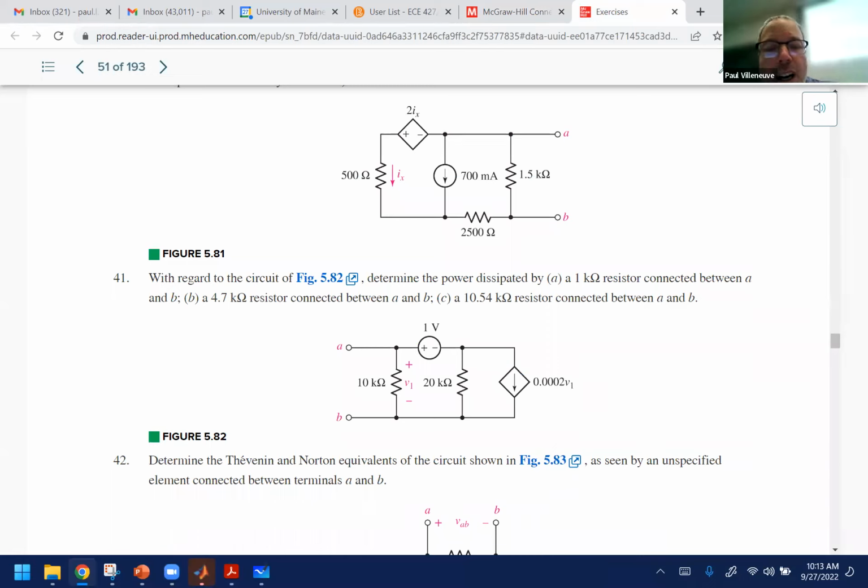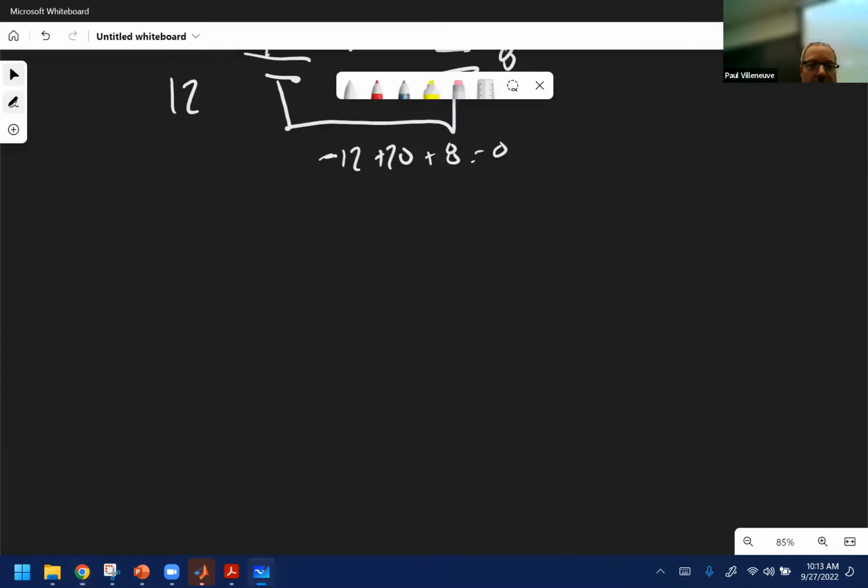All right, so we're going to do, we got a 10K ohm, a 1 volt, a 20K, and 2 times 10 to the 4th or 0.2 milli V1. So let's see, we have 10K. I'm just going to go back and forth because obviously my memory is no good. 1 volt, 20K.